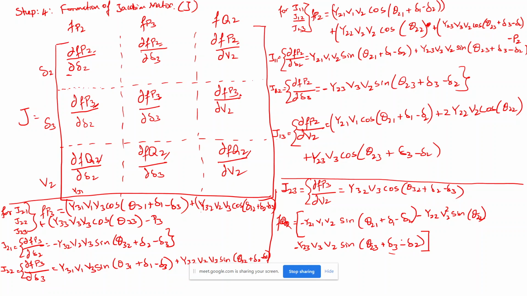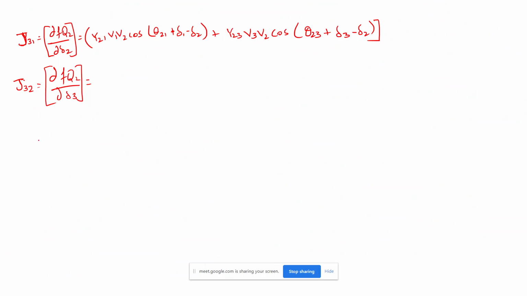So if I derive this, then the final value will be minus y23 v3 v2 cos of theta 23 plus del 3 minus del 2.